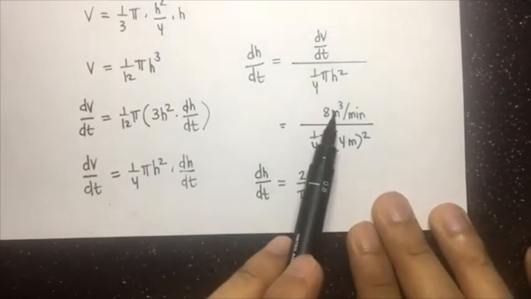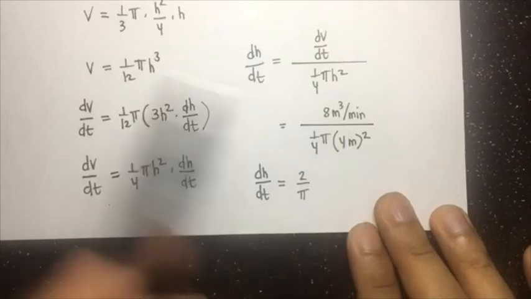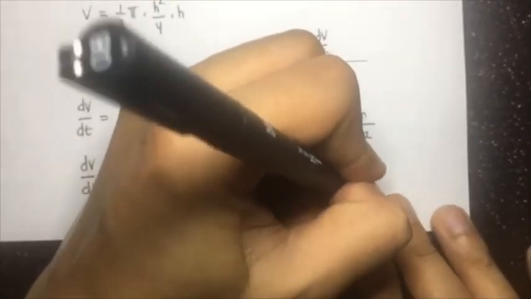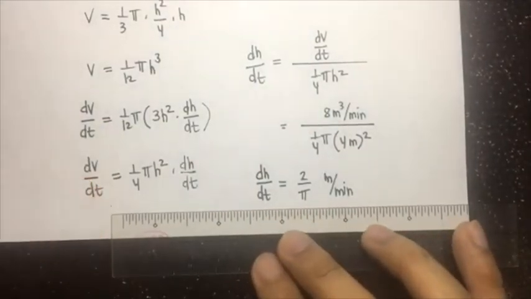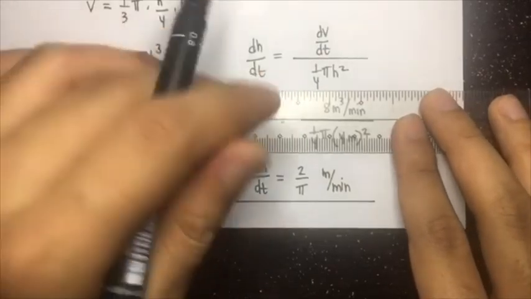And then the unit, so we have here cubic meters per minute divided by square meters, so what will remain is meter per minute. Okay, so that is now our rate of change of the height.